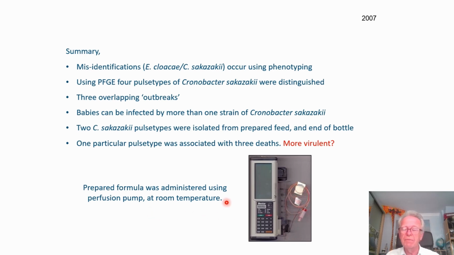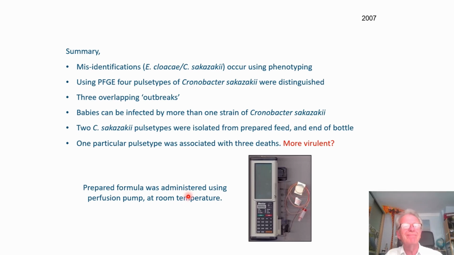That pump was at room temperature, which in a neonatal intensive care unit is warmer than normal ambient temperature. So plenty of opportunity for potential bacteria to grow, as well as attaching to the plastic.